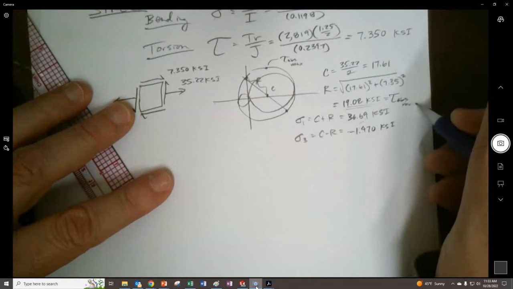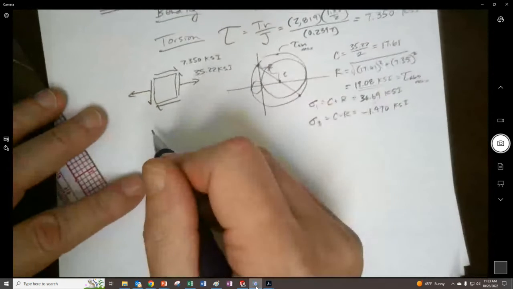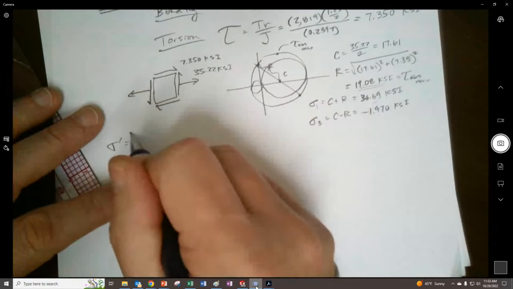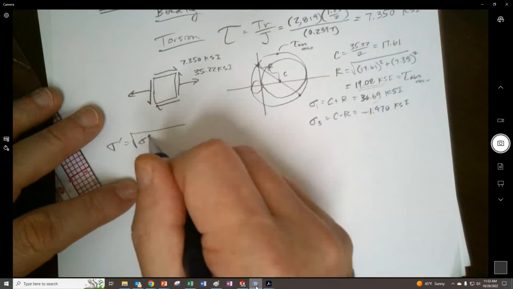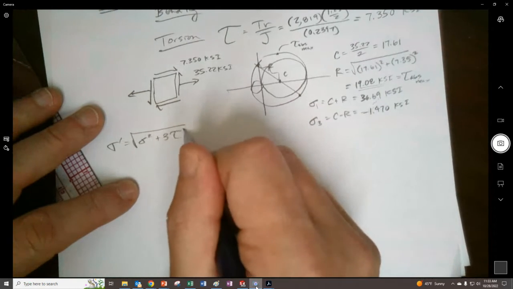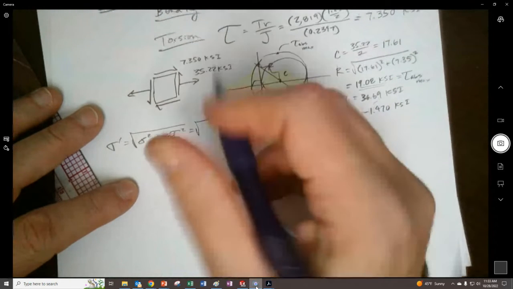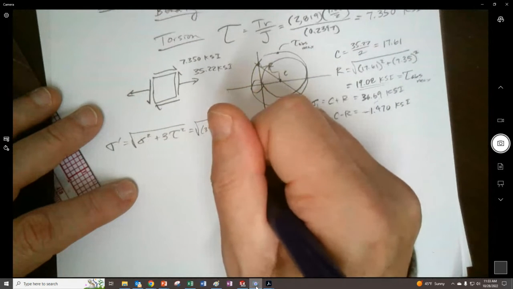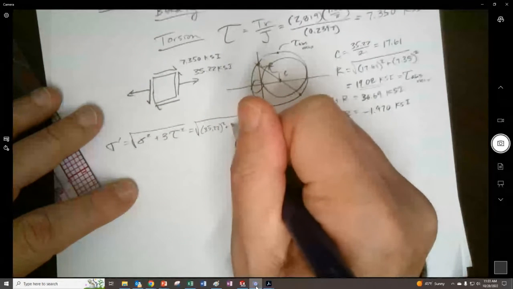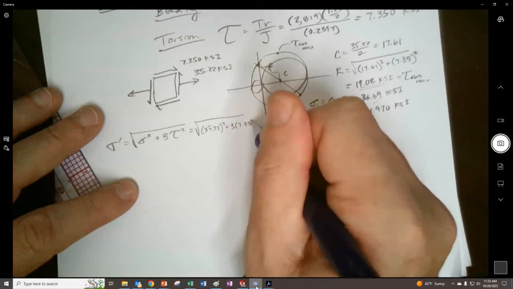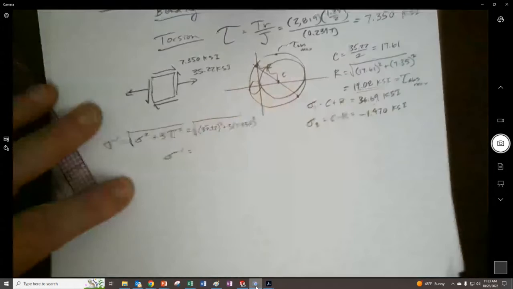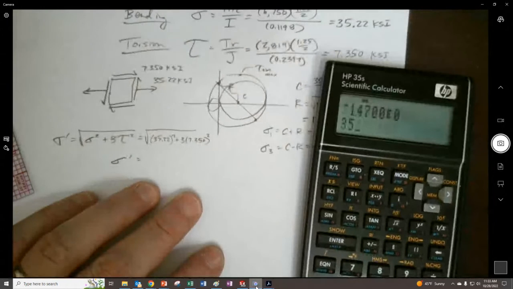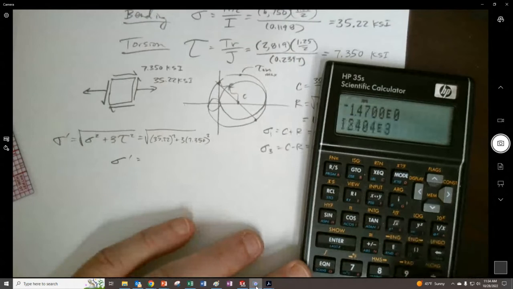And while I'm here, I'll do the von Mises: the square root of sigma x squared plus 3 times tau squared. So 35.22 squared plus 3 times 7.35 squared. I don't need to put the 0 in there, that was silly.